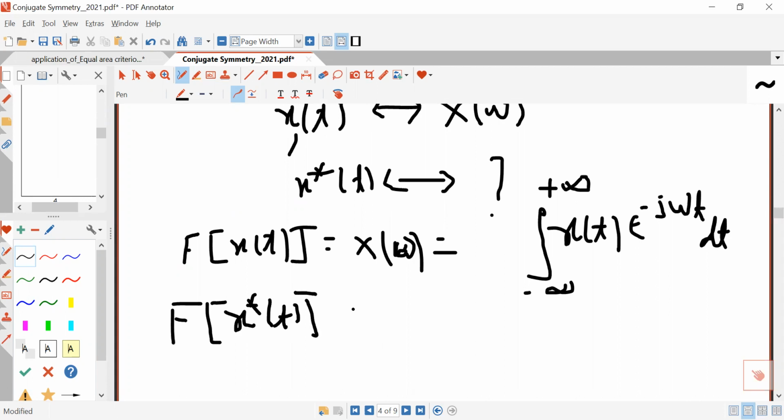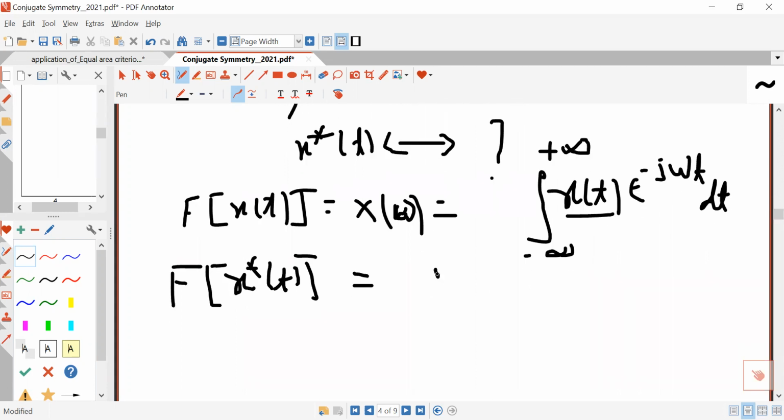then what will you do? In place of x(t), you will have to write x conjugate (t). So in place of this x(t), you will have to write x conjugate (t) e to the power minus j omega t dt.